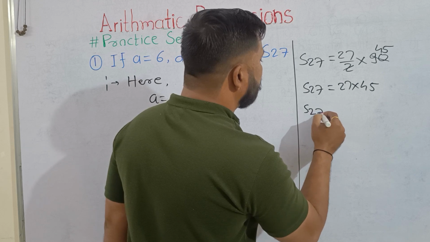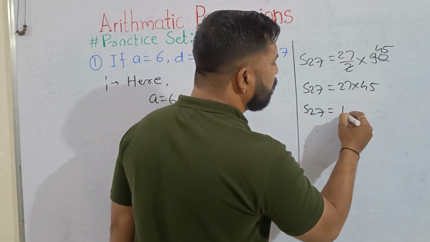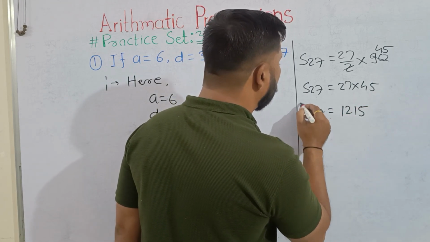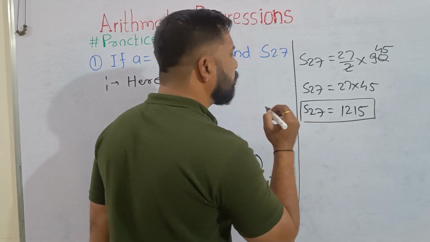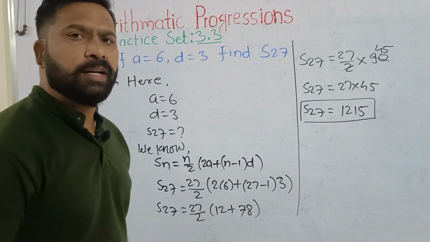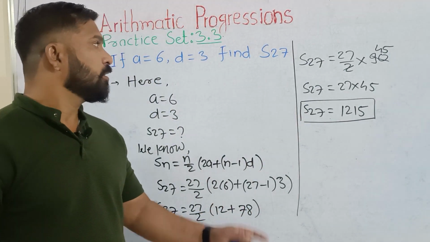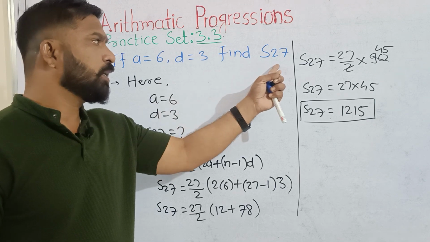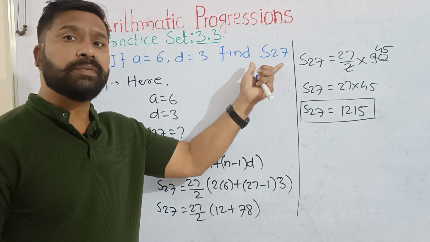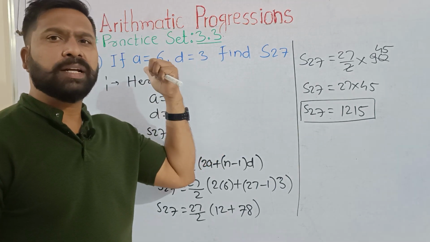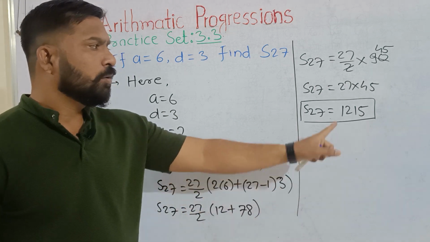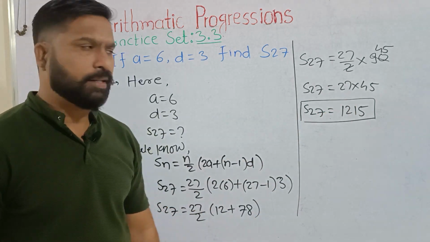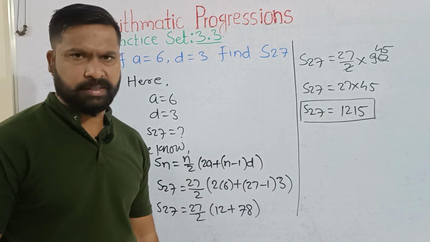What is their product? 1215. So you can write your statement as the sum of 27 terms of the given arithmetic progression is 1215. Therefore, that is the final answer.